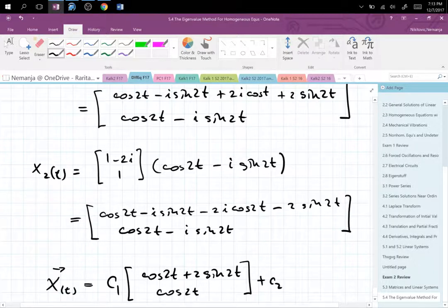And then plus C2, keep the real parts, so cosine 2t minus 2 sine 2t over cosine 2t.